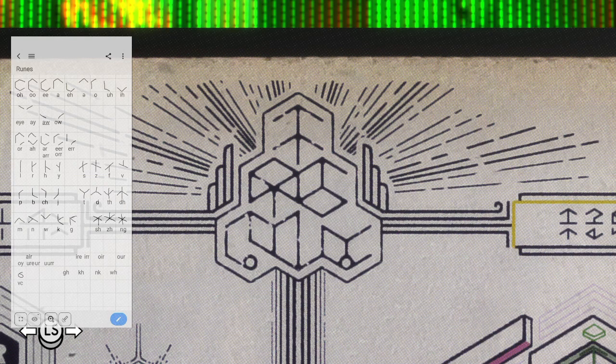Actually, this is interesting because this is the one place in the manual so far I've seen the glyphs appear as hexagons. Oob. Oobly.